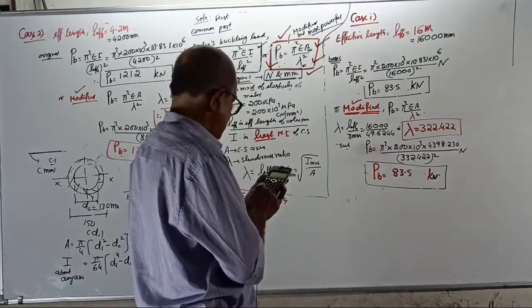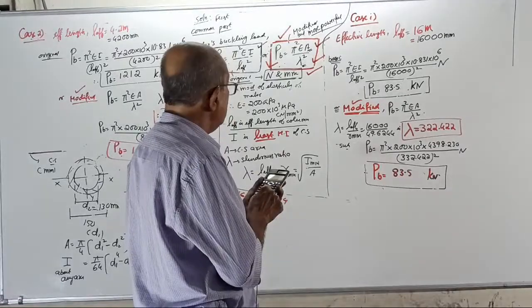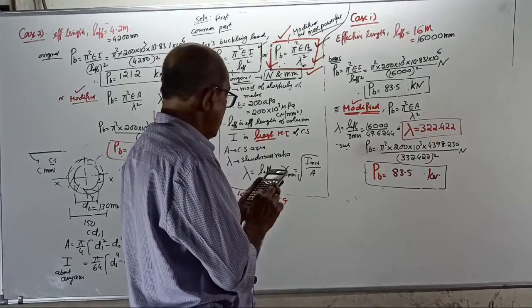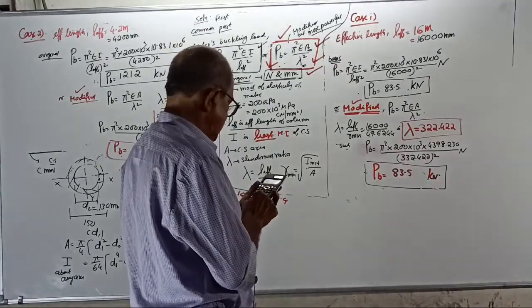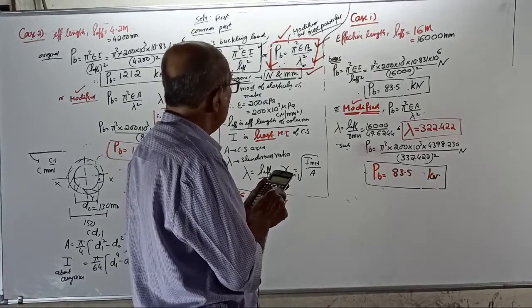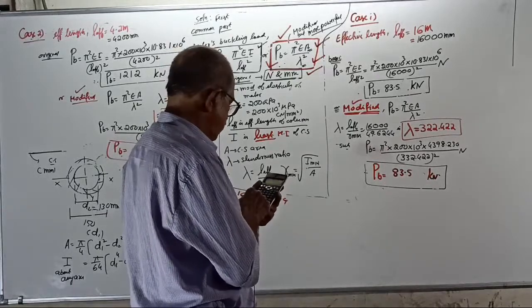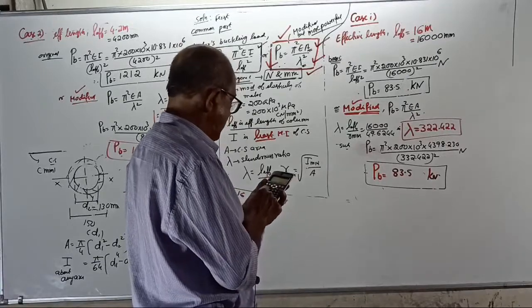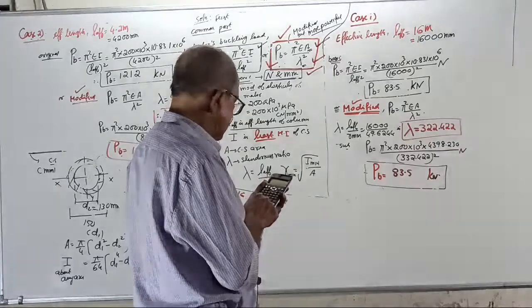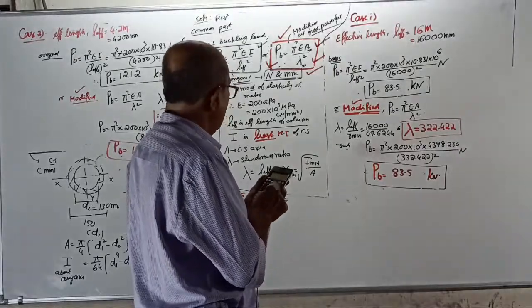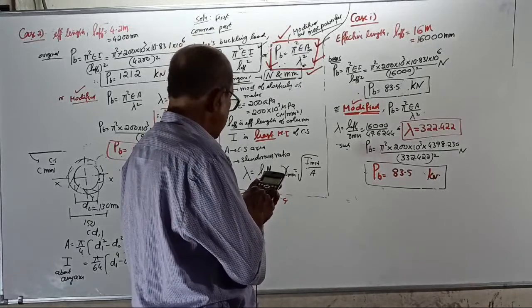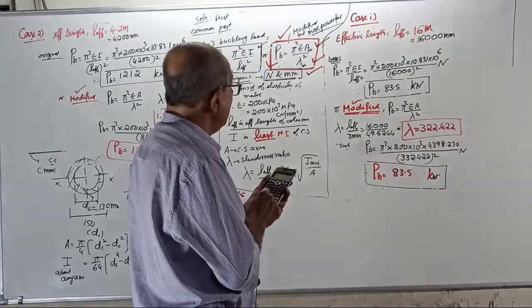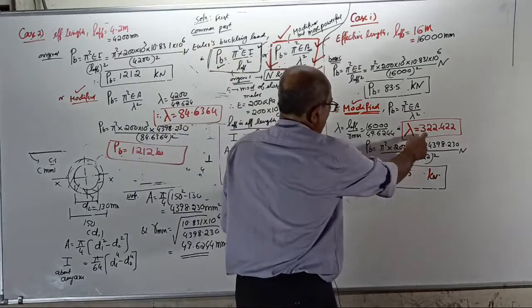Okay, second one. 16,000 divided by 49.6244, lambda is 322.422. So pi square into 210 to the power 3 into area 4398.23 by lambda square.